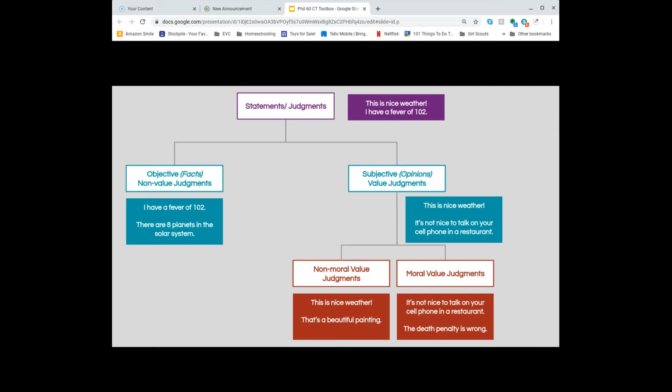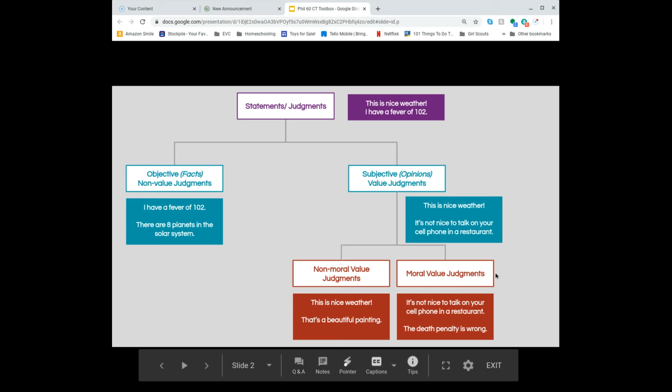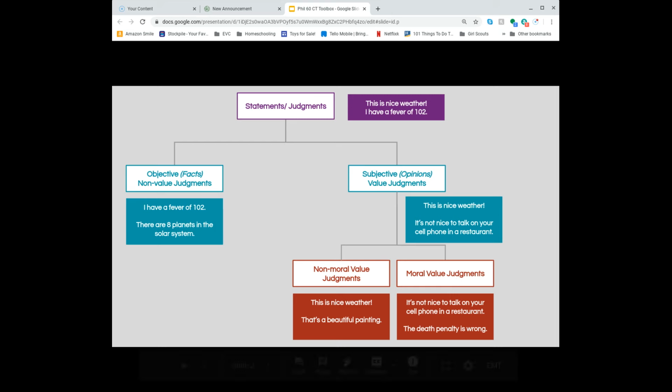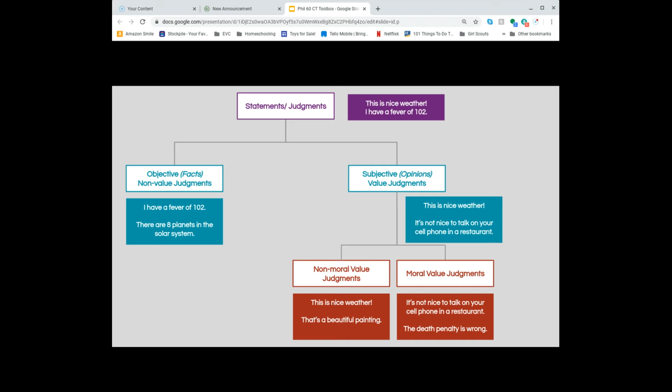So by saying something is nice or not, beautiful, whether it's comfortable or uncomfortable, all of those things are value judgments. But then there are some other types of value judgments that have to do with morality, meaning whether it's wrong or right, whether it's moral or immoral.